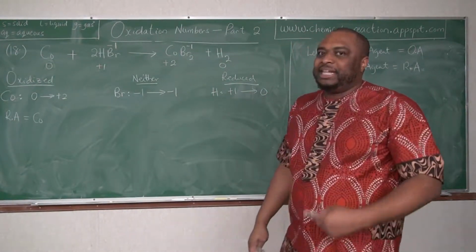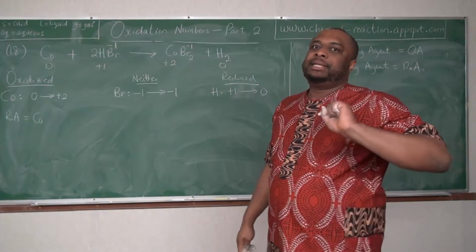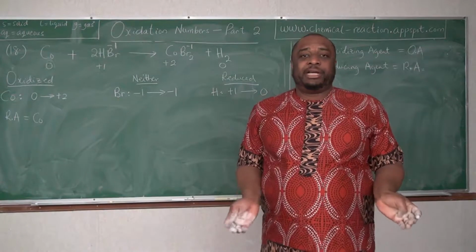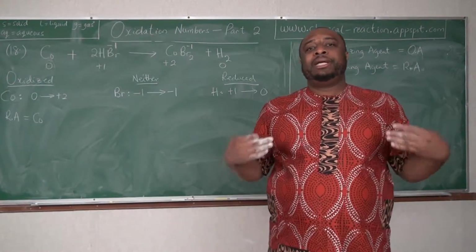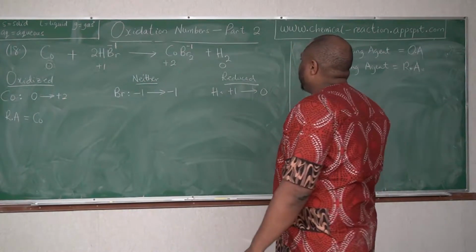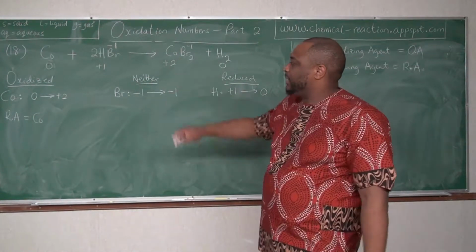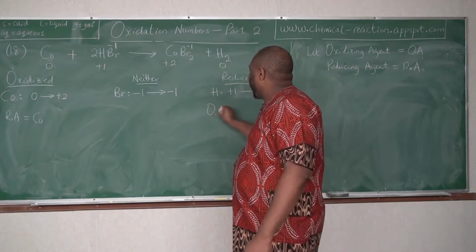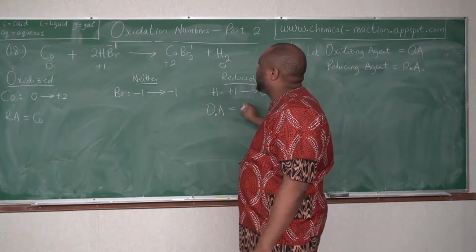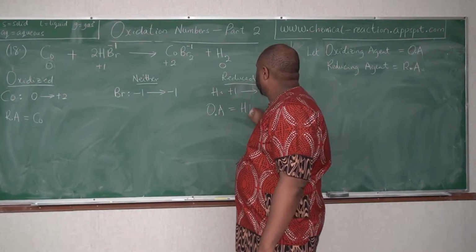Remember, a reducing agent is always oxidized, and an oxidizing agent is always reduced, because it's an agent. You come in contact with it, it makes you oxidize, thereby it becomes reduced. So the reducing agent is always oxidized, and the oxidizing agent, in this case, is hydrogen bromide.